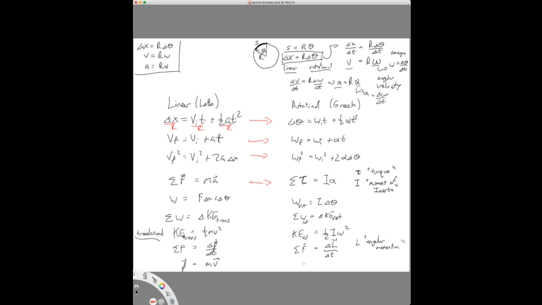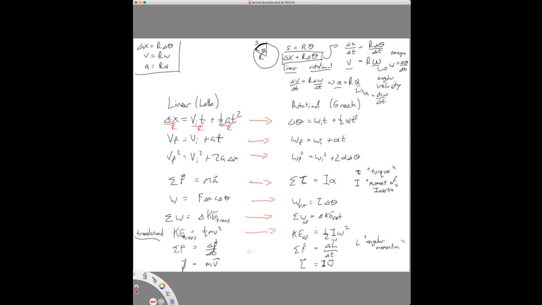But for whatever reason, we don't use a Greek character lambda for angular momentum, or at least most people don't. But L is the rotational version of momentum, and it's equal to the rotational version of mass, I, times the rotational version of velocity, omega. Okay, so that's a complete sort of guide to translating from Latin into Greek.